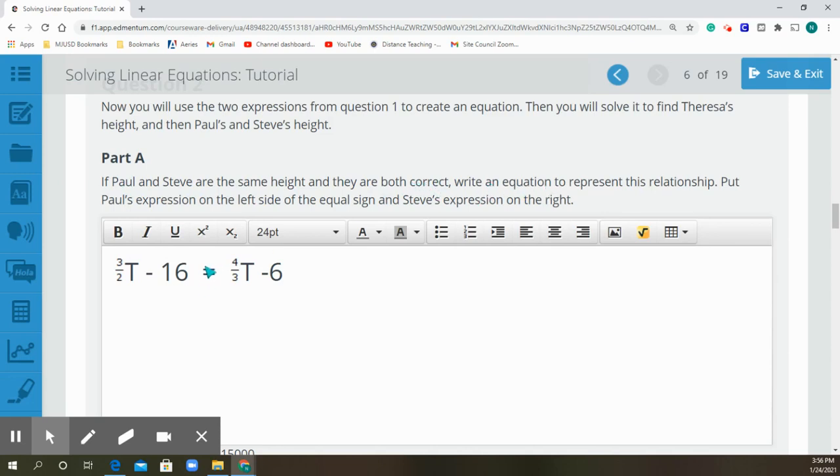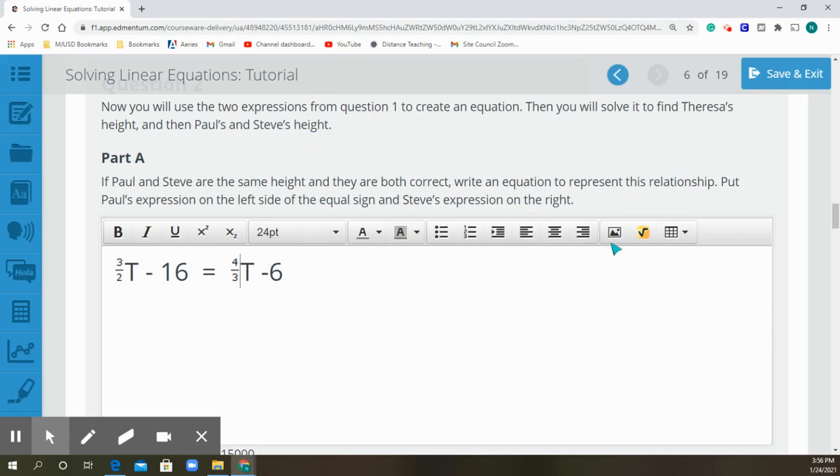So now we have an equation symbol to represent this relationship. Put Paul's expression on the left of the equal sign and Steve's expression on the right. I did that. And I just copied and pasted it from up there.